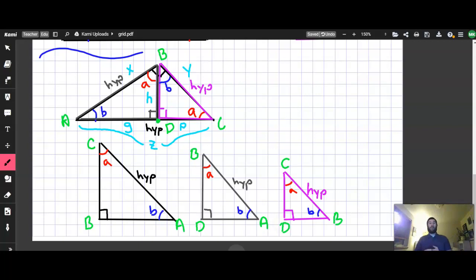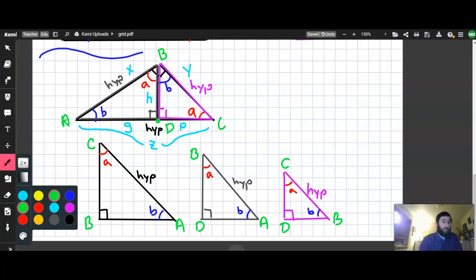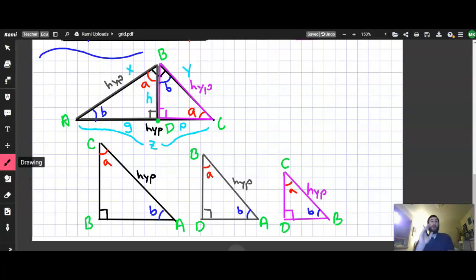So, ladies and gentlemen, what I can tell you then for our similarity statements, thinking about what matches and how it matches, in our big black triangle, we have triangle ABC, because it's easy as 1, 2, 3.